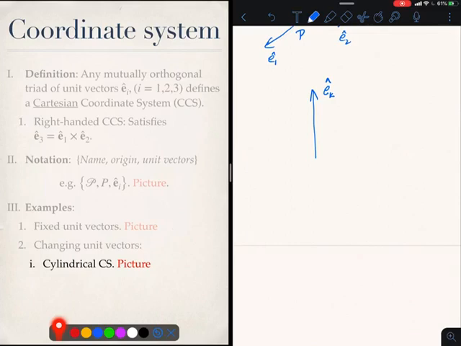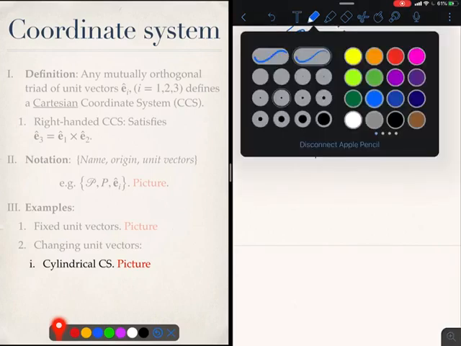If you want to locate any point in this coordinate system, let's say you want to locate this point P, then we measure the distance of this point P from the fixed axis, and this direction defines ER. The vector EK defines a plane normal to itself. Let me actually draw that plane.